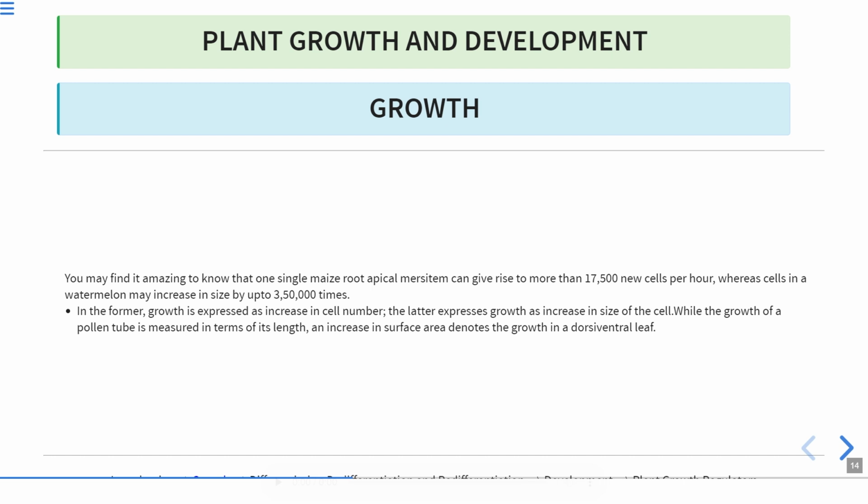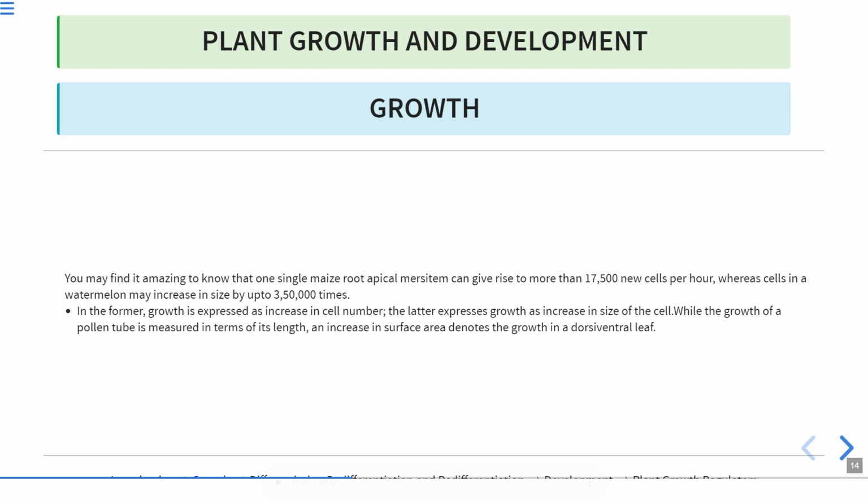Okay, so the growth of a pollen tube is measured in terms of its length. The pollen tube is formed when the pollen germinates on the stigma. Okay, the pollen falls on the stigma, that is called pollination. Now, after the pollination, what will happen? There are some hormones, some chemicals that are released from the stigma.